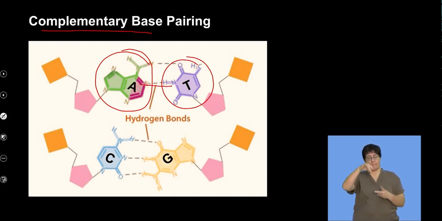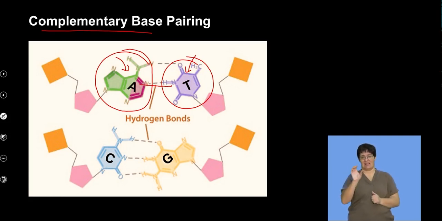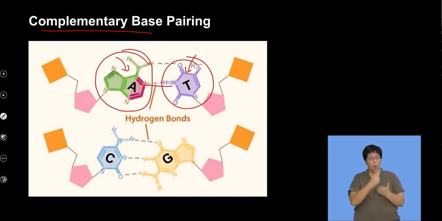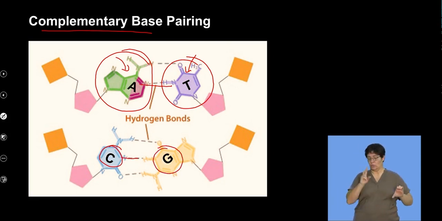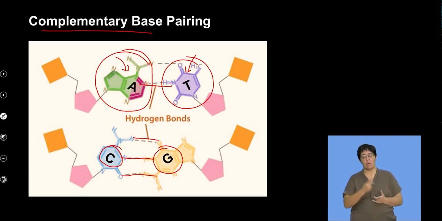You will see a double ring structure on your adenine and a single ring structure in your thymine. This base pairing is unique and will only take place between adenine and thymine. Likewise, we see the pair of cytosine and guanine combined in this unique pair, where you have 3 bonds that hold them together in this complementary base pairing.